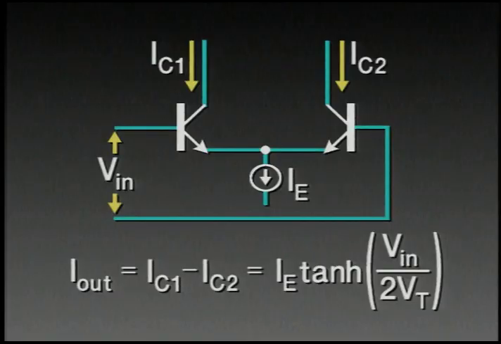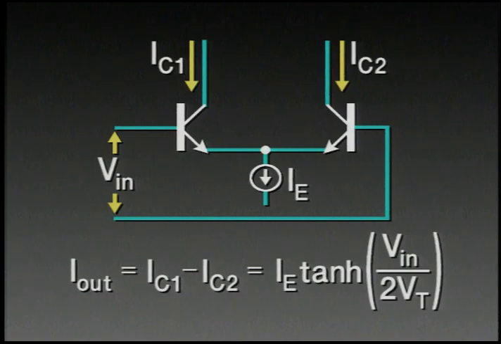It implies that any time you invoke this linear relationship between collector current and transconductance, you really are depending upon the translinear idea. So, for example, we have here a very familiar circuit, the differential bipolar pair, and the relationship between the difference in output current and the input voltage is invoking the translinear idea behind the bipolar transistor.